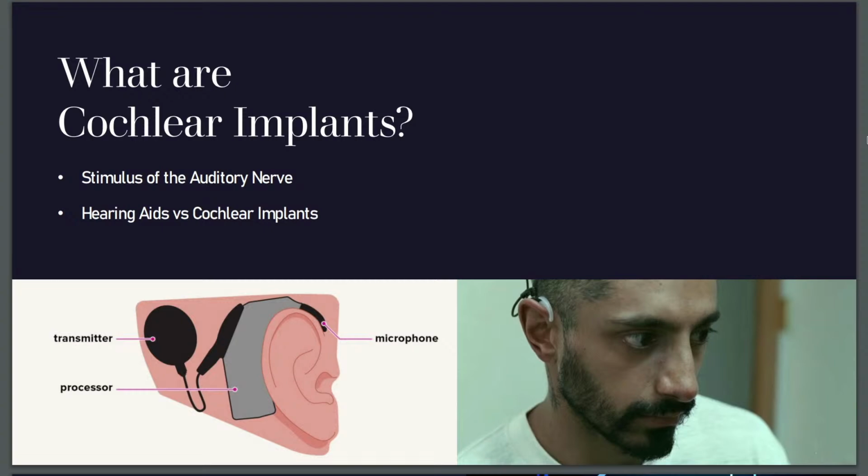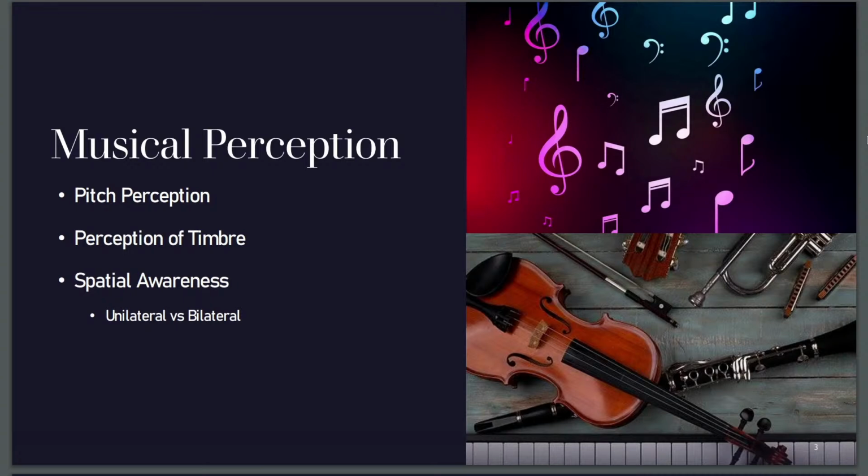The problem is that the sound is very different from normal hearing, and is often described as very metallic and tinny. And people are able to regain most of their speech recognition. However, music is something different, and a lot of CI users actually give up on listening to music completely, and they rate their enjoyment of music much lower than normal hearing people.